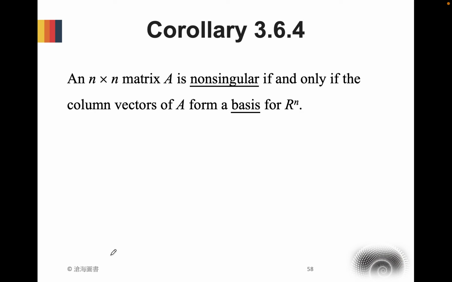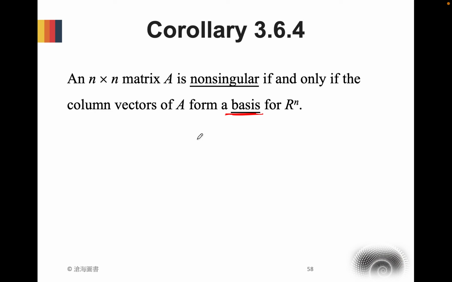Okay. So an n by n matrix A is non-singular if and only if the column vectors of A form a basis for Rn. As we said, this is a square matrix, and if the column vectors of A can form a basis, that means the column vectors should be linearly independent.